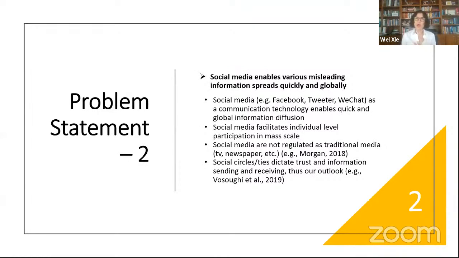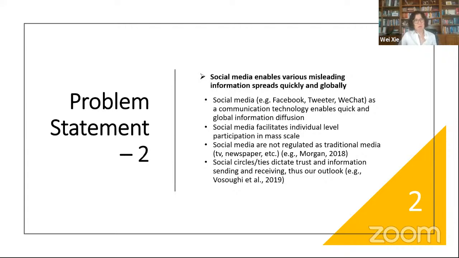Of course, there are two major reasons. The first is attributed to the social media technology itself. For example, social media as a communication technology enables quick and global information diffusion, and it facilitates individual-level participation on a mass scale. Everybody can participate in it, right?